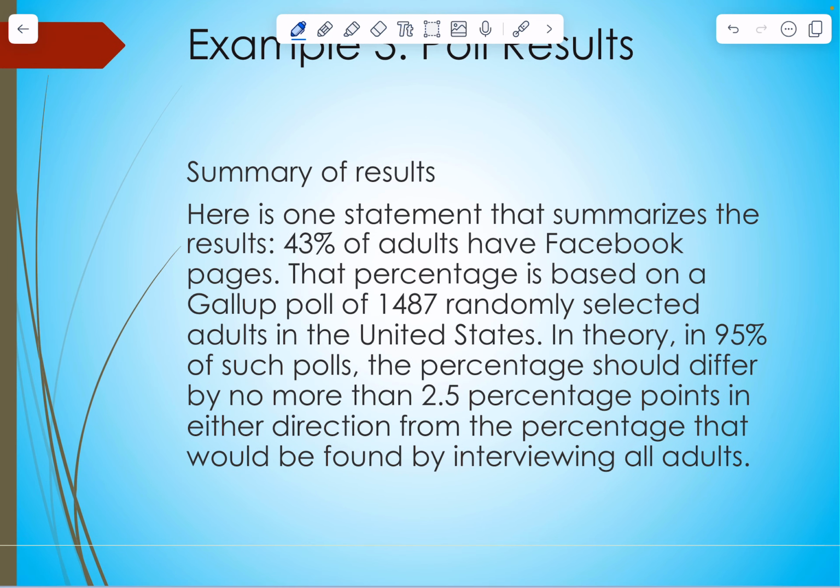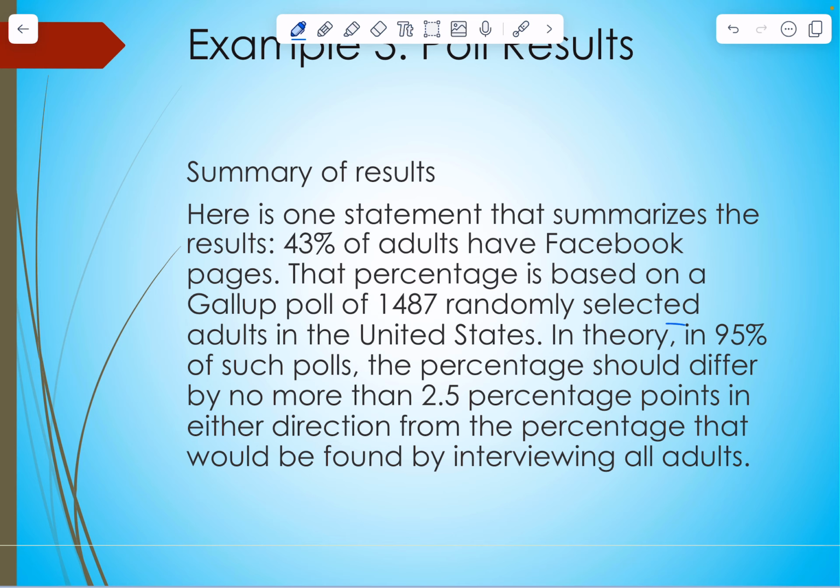Basically what we have here. Here is one statement that summarizes the results. 43% of adults have Facebook pages. That percentage is based on a Gallup poll of 1,487 randomly selected adults in the United States.